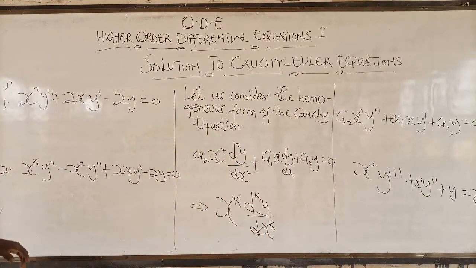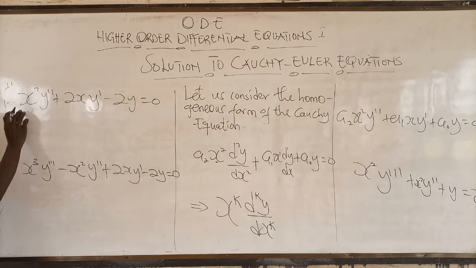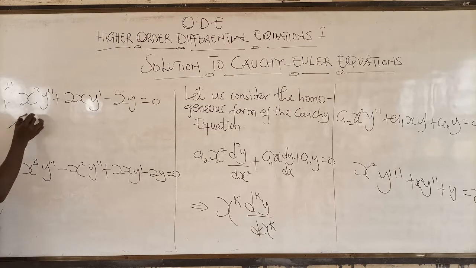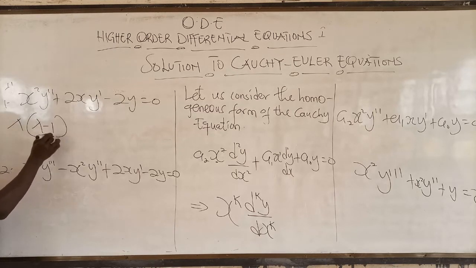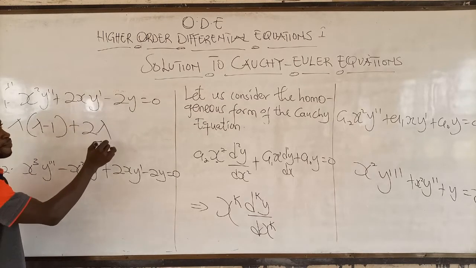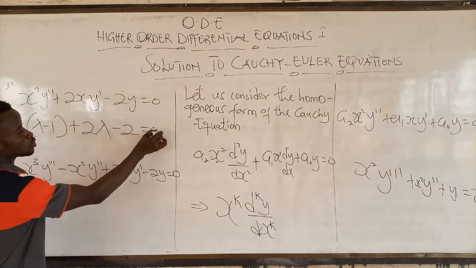Now let's see how we write the characteristic equation for the second order. The variable won't be counted here. So we write lambda times lambda minus 1, plus 2 lambda, minus 2, equal to 0.